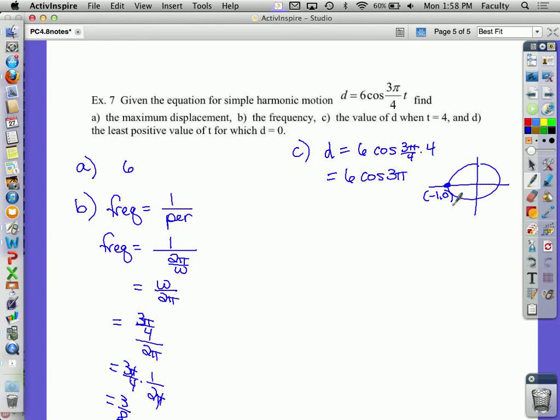So what's the cosine of 3 pi? Negative 1. So this is negative 6. So that means at time 4, I'm 6 away. If I were going on a straight line, that means I'm 6 units back from my starting point, okay? Whether that's down or left. All right, then letter D says find the least positive value of t for which d is 0.